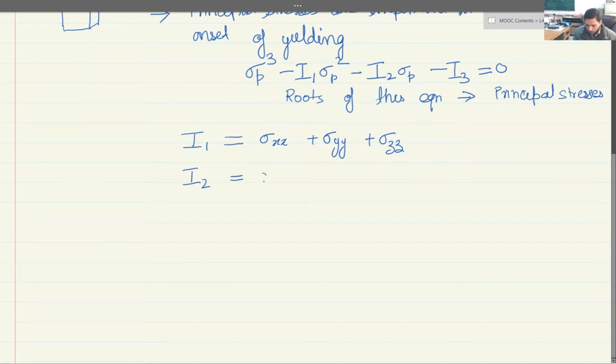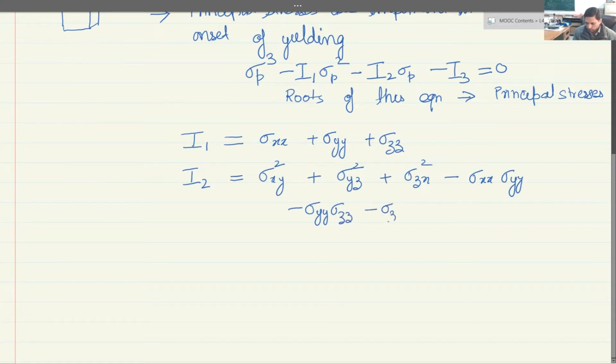I2 is equal to sigma xy square, and so on. These are the components in I2, and then for I3 we have the following.